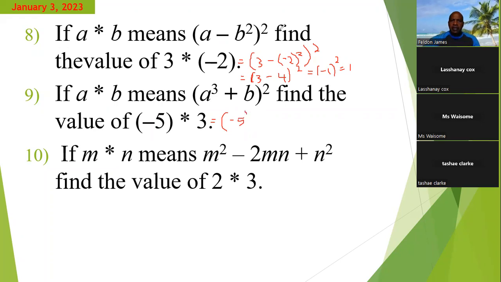All right, so just write it as negative 5 to the third power, plus 3, bracket to the second power. All right, so now you can simplify with the bracket. When you simplify negative 5 to the third power, what do you get?